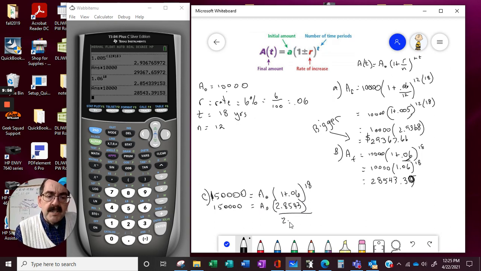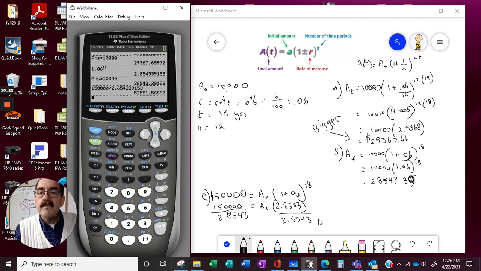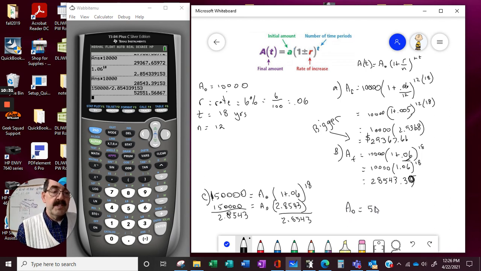Let's divide both sides by 2.8543. So let's take 150,000 divided by that number right there, and we need to start with $52,551.57.